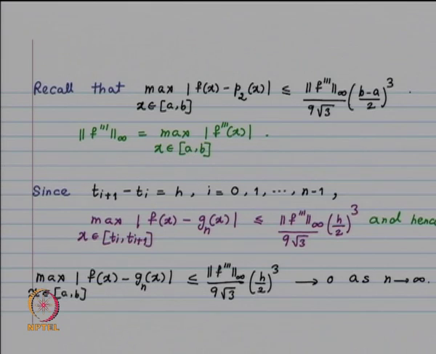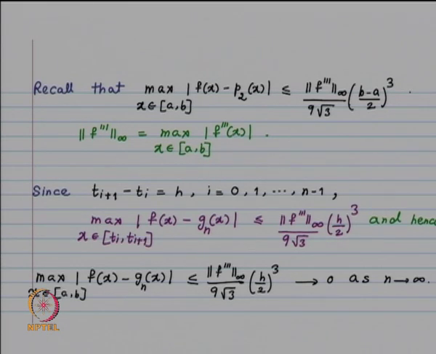We could have taken the maximum for the third derivative only on the interval t i to t i plus 1. Still it would have provided us an upper bound, but we wanted an upper bound which is independent of i. So, for each interval t i to t i plus 1 we have got the same bound.